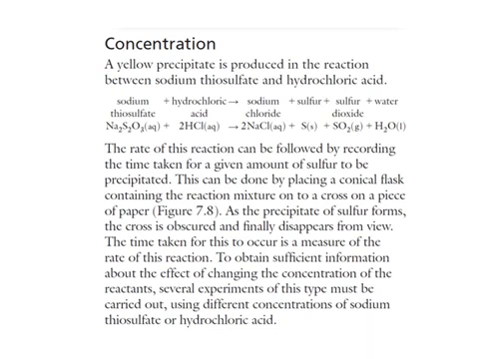So the time taken for this to occur is a measure of the rate of reaction, and to obtain sufficient information about the effect of changing the concentration of the reactant, several experiments of this type must be carried out using different concentrations of sodium thiosulfate and hydrochloric acid. So you will need to take different test tubes. Suppose you are taking 5 to 6 test tubes, and in these you can take a different molar concentration of sodium thiosulfate.